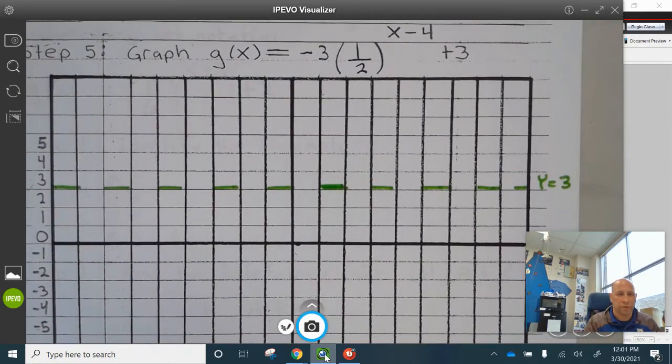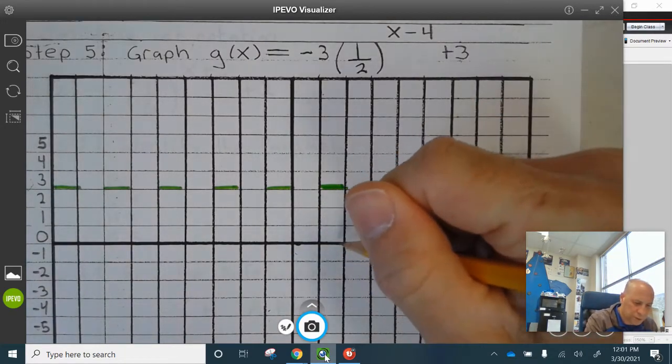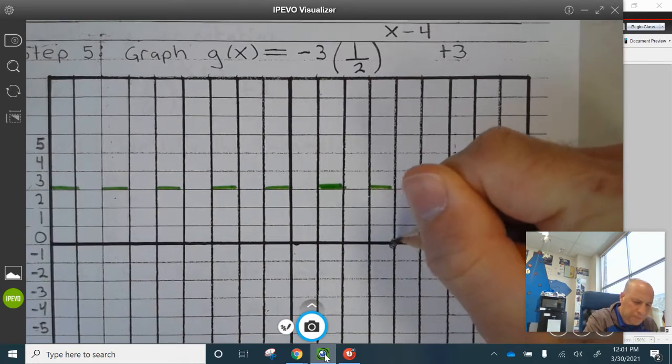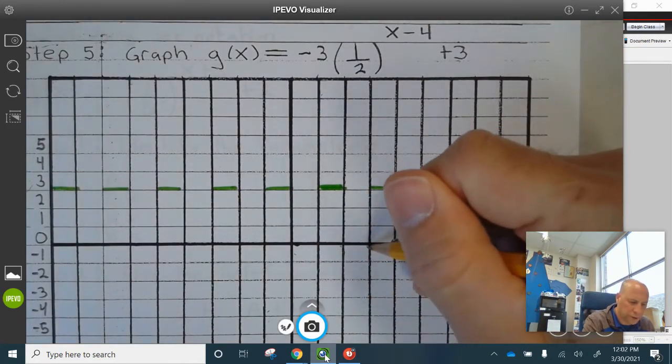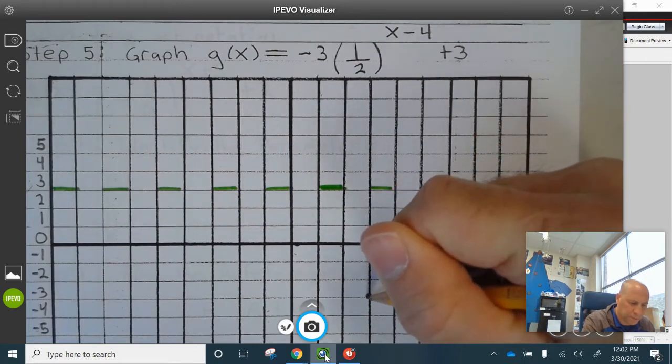Now let's go ahead and graph our reference points, which are (4, 0) and (3, -3).